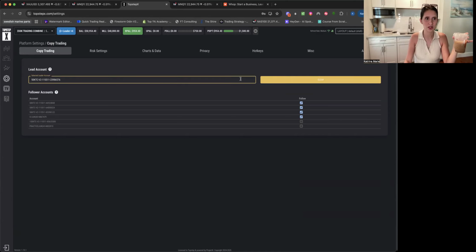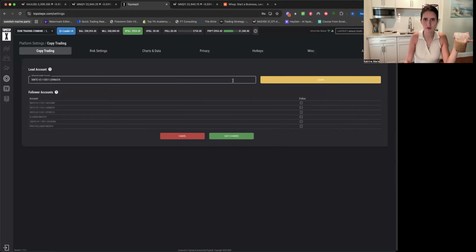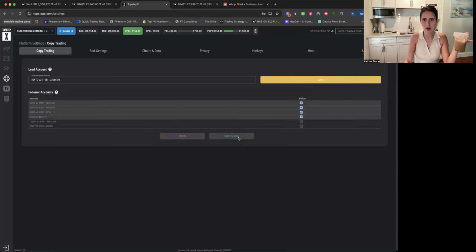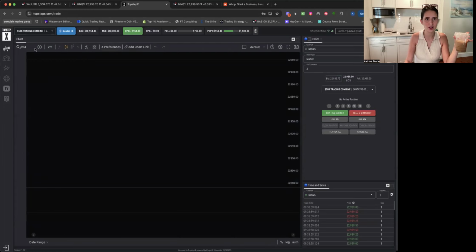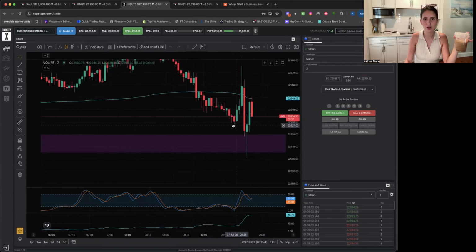You're going to click here when you start your copy trading. You click on one of the accounts and then click on the ones that you have active. So these are the ones I have active. Then you click OK and done. And that's it. It's going to copy trade all those accounts for you.